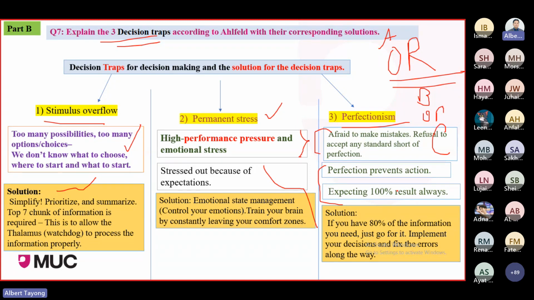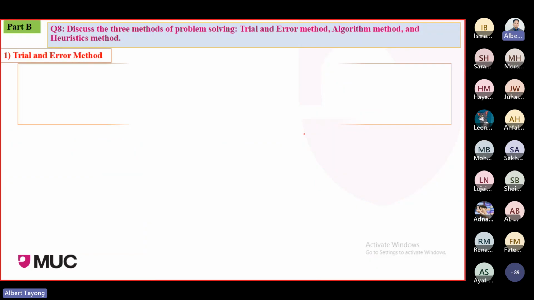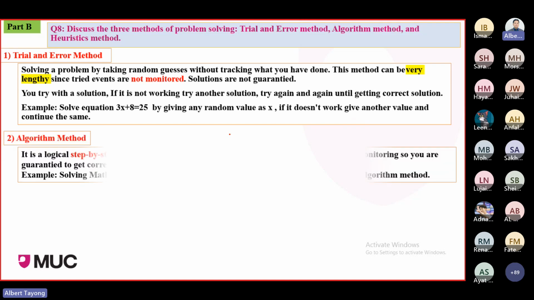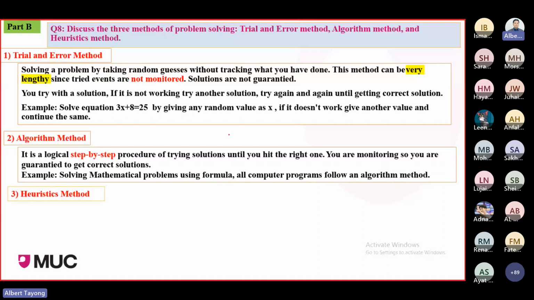Implement your decisions and fix the errors along the way. So you have to discuss it and give the solution if you want to pick this particular question, for example.